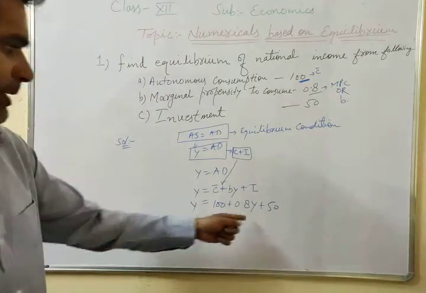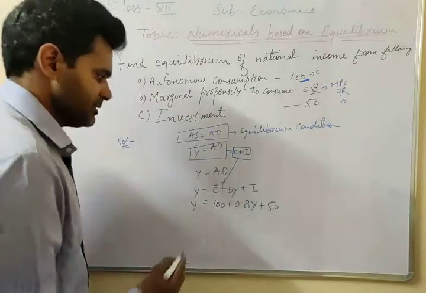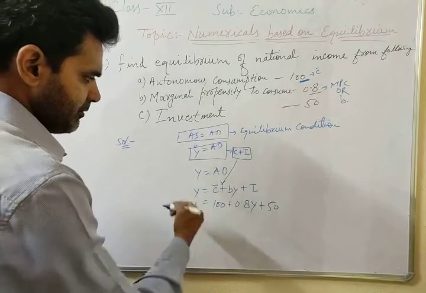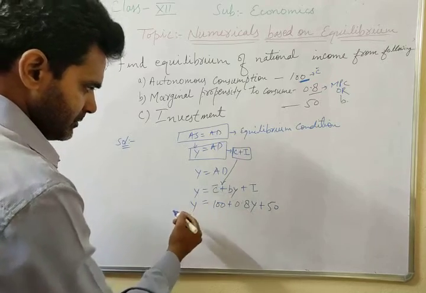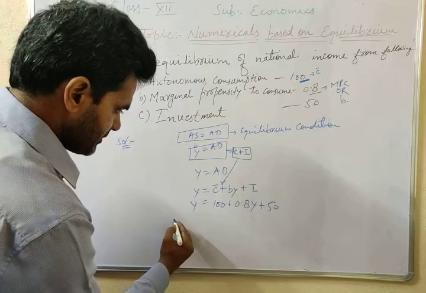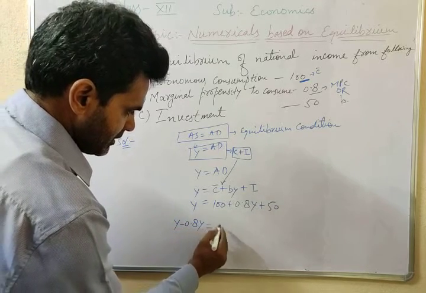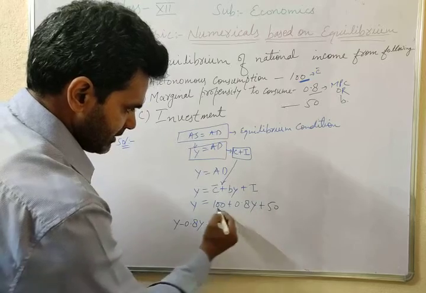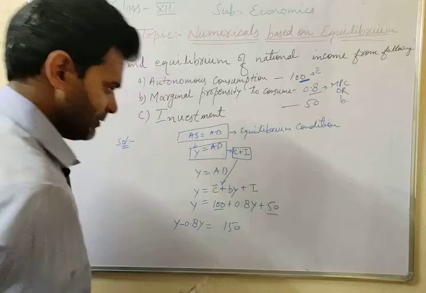Now the equation will become like this. Now simple mathematical calculation is there. We take this Y from the right side to the left side. So it becomes Y minus 0.8Y is equal to, then we add these together, 150. So it becomes 150.